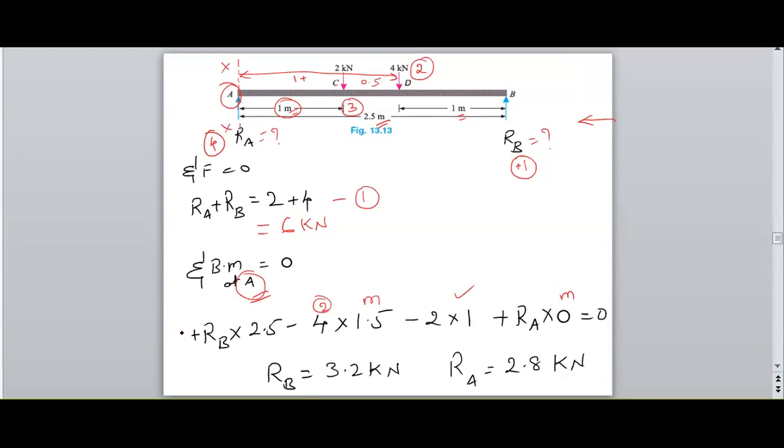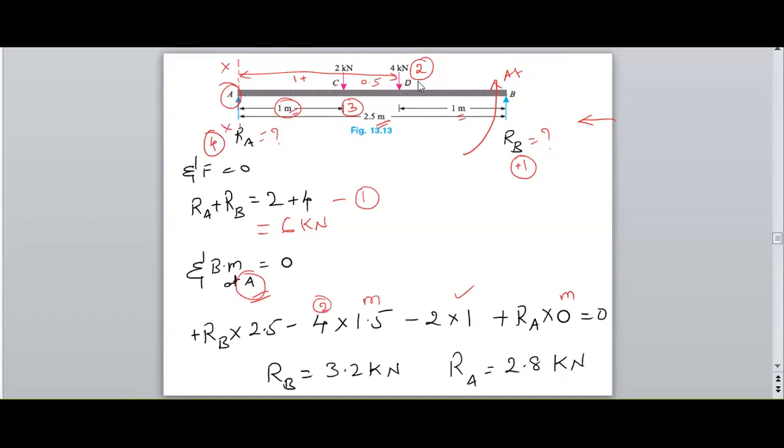Now I need to consider which forces are clockwise and which are anti-clockwise. Due to RB, the beam will move in this direction, so it is anti-clockwise.